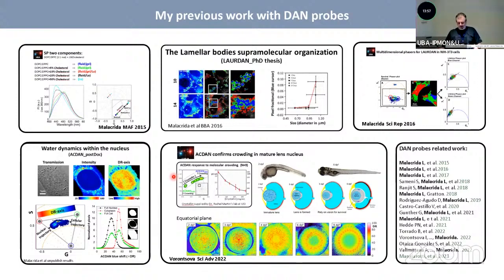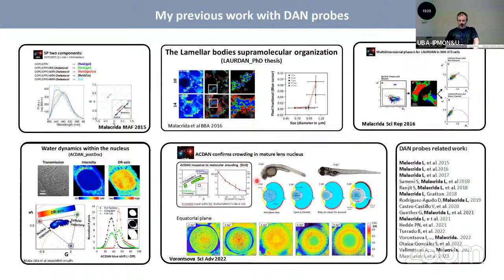As I presented in my talk on spectral phasor, I have been using this kind of probe, the dimethylamino naphthalene probes, to study in cuvettes the dynamics of membranes, in cells, in vivo, the dynamics of organelles, and then some other methods to combine fluorescence lifetime with spectral, and then understanding, oh, again, this computer, oh, sorry.